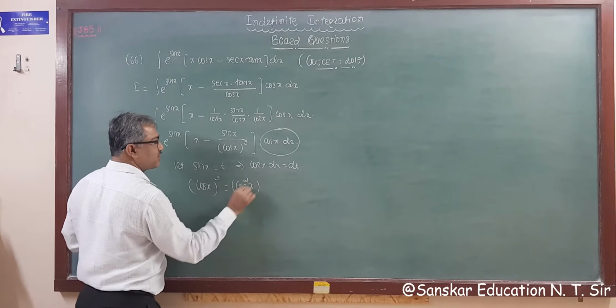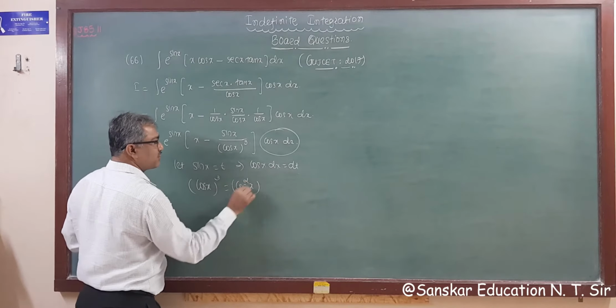Now sin x is equal to t, that means x is equal to sin inverse t, so we have to write sin inverse t here, right? Minus sin x is t, so this is t upon (1 minus t square) whole raised to 3 by 2, and dx is dt. Cos x dx is dt, that you know, right? Any problem? Got it?